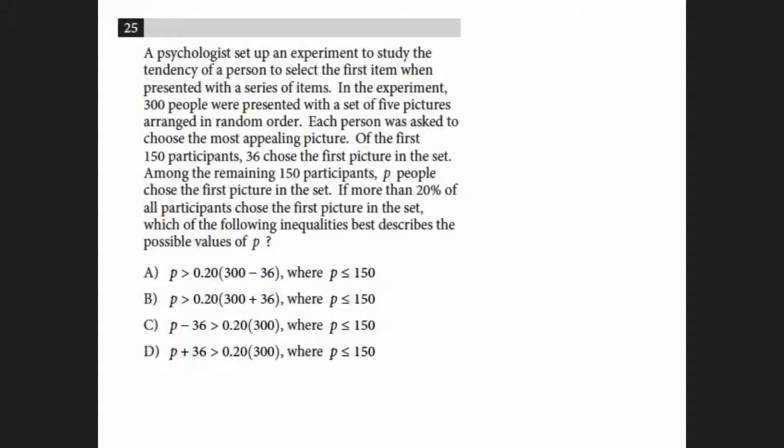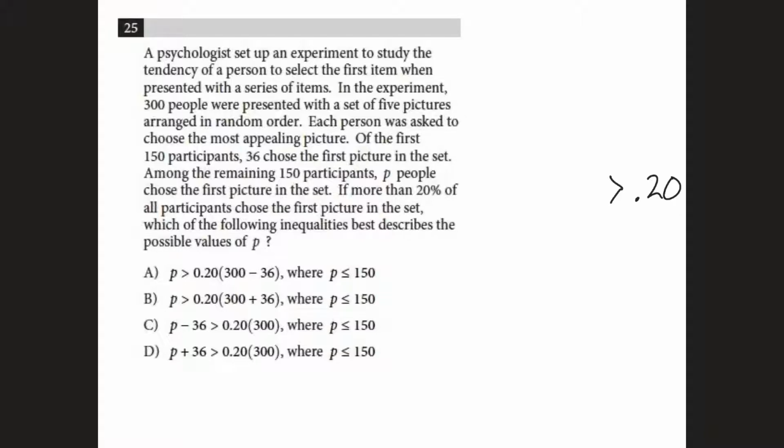Okay, so we want the percent to be greater than 20%, so we can start with that. We know we want to be greater than 0.20 or 20%.